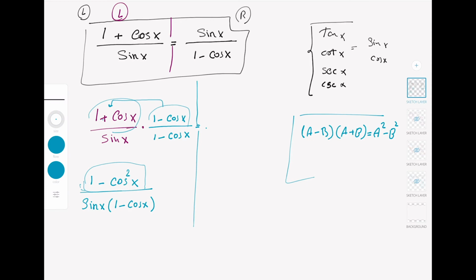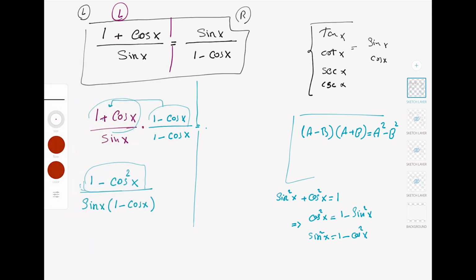At the top we have 1 minus cosine square of x. From the first fundamental identity, sine square of x plus cosine square of x equals 1, we have two other formulas: cosine square of x equals 1 minus sine square of x, and sine square of x equals 1 minus cosine square of x.